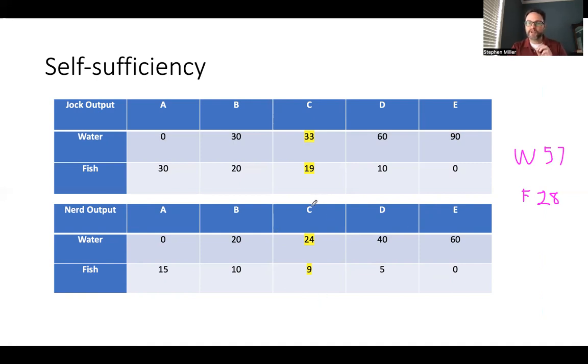But if they specialized based on comparative advantage, then the nerd would gather water, and water would instead be 60. So they would have more total water available to them both. And the jock would specialize in catching fish, and that would go to 30. So there would actually be more fish and more water.